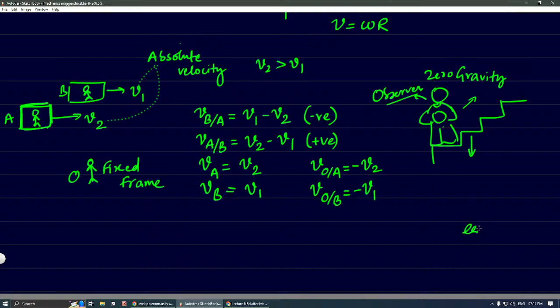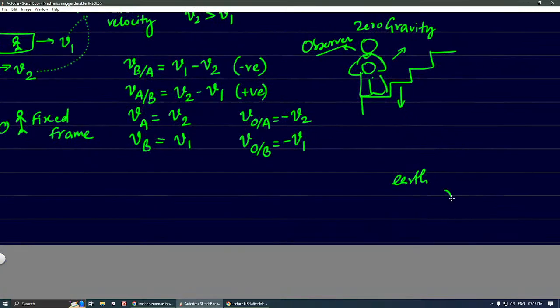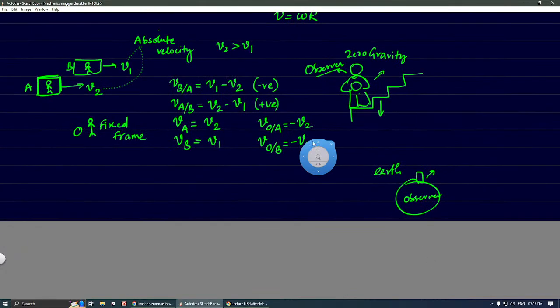But when we are on Earth, Earth is stationary. Earth becomes the observer, and everything moves relative to the Earth. So did you understand what relative velocity is?